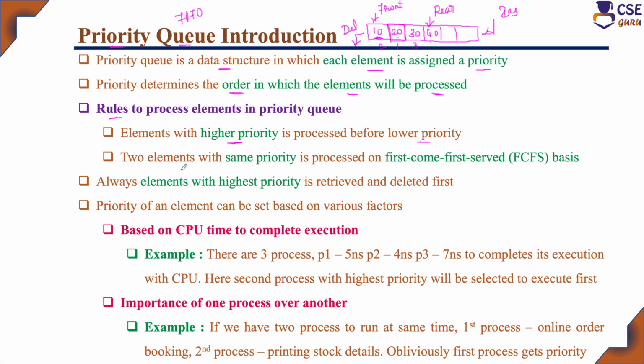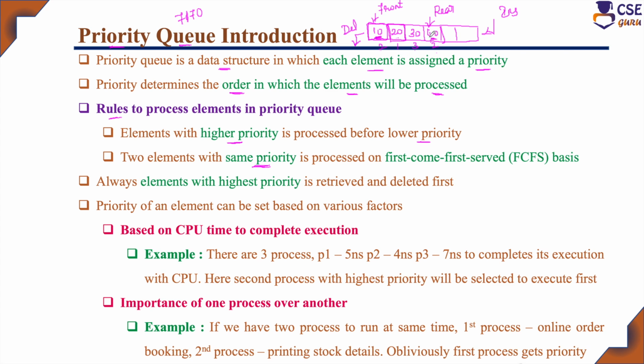In case 2 elements have the same priority, for example, if this is also having 2 and this is also having 2, in this case priority goes to first come, first served. The first element inserted into the queue is 10, and the next element inserted is 40. So in case of equal priority, first element 10 will be processed, then the next element 40.